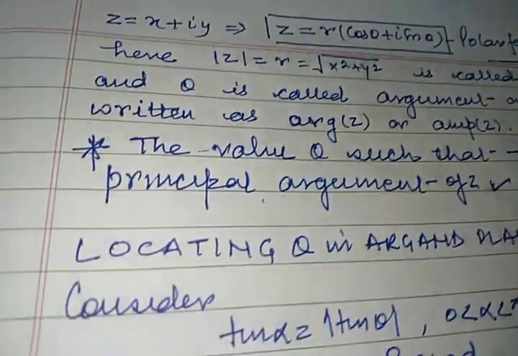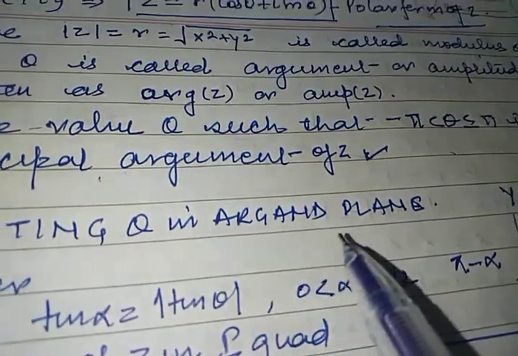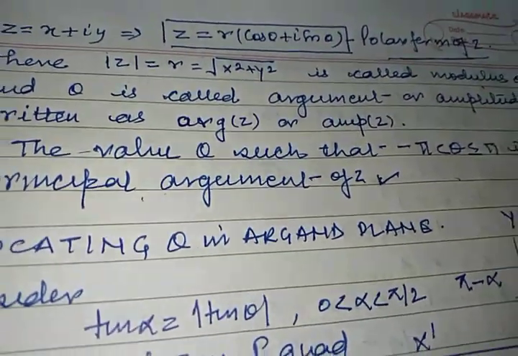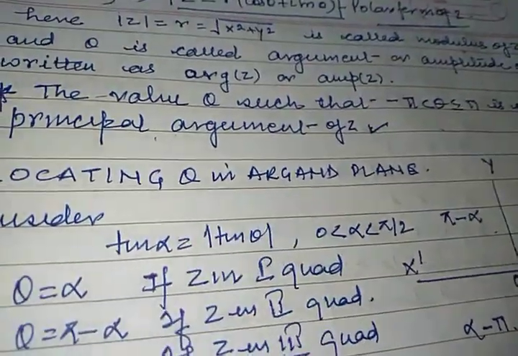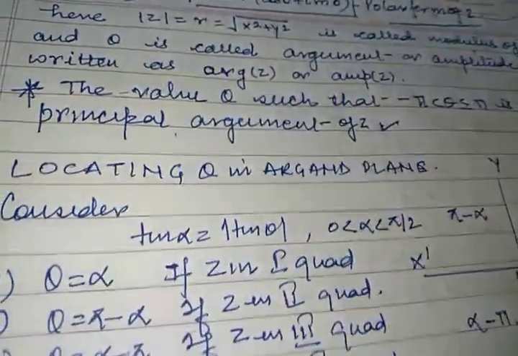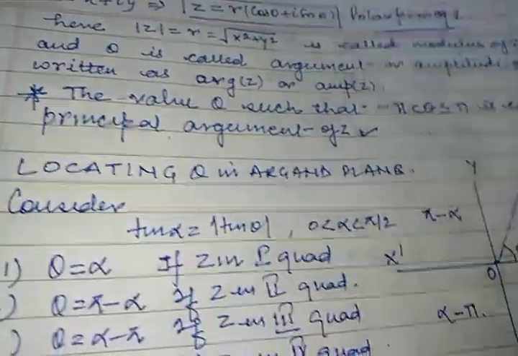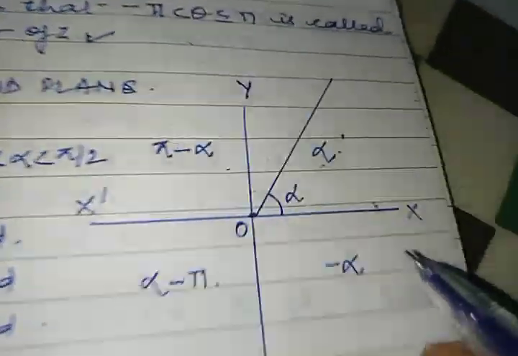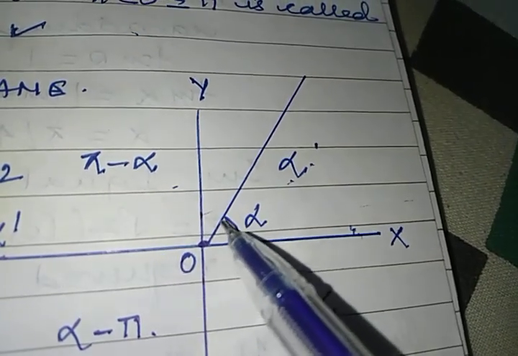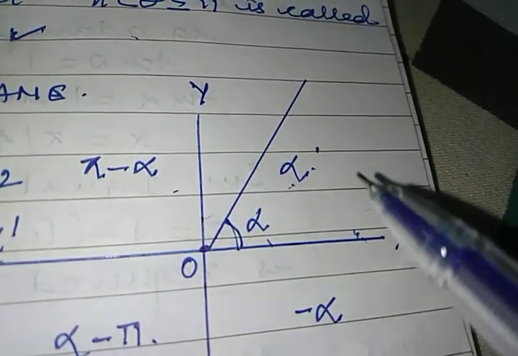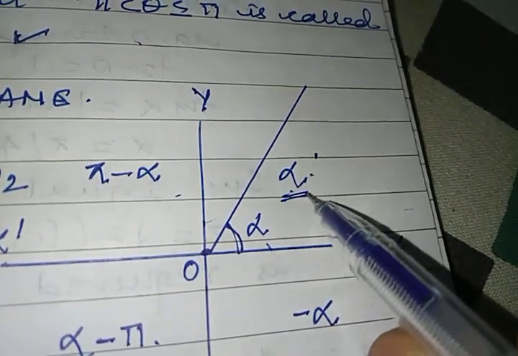Now see, locating theta in the Argand plane. In the Argand plane or Cartesian plane, you move from 0 to 360 degrees. So how will you locate the value of theta here? Suppose the first angle theta is equal to alpha, meaning in the first quadrant it will be alpha only.